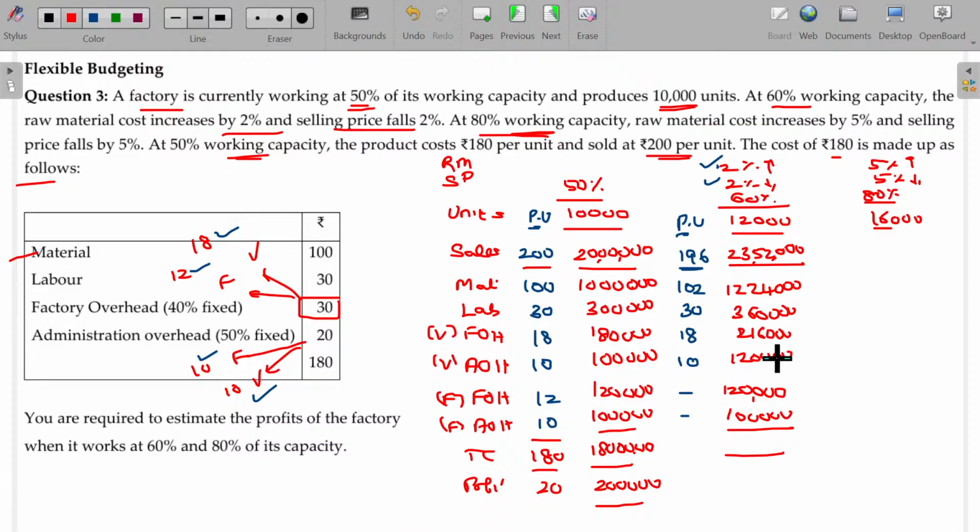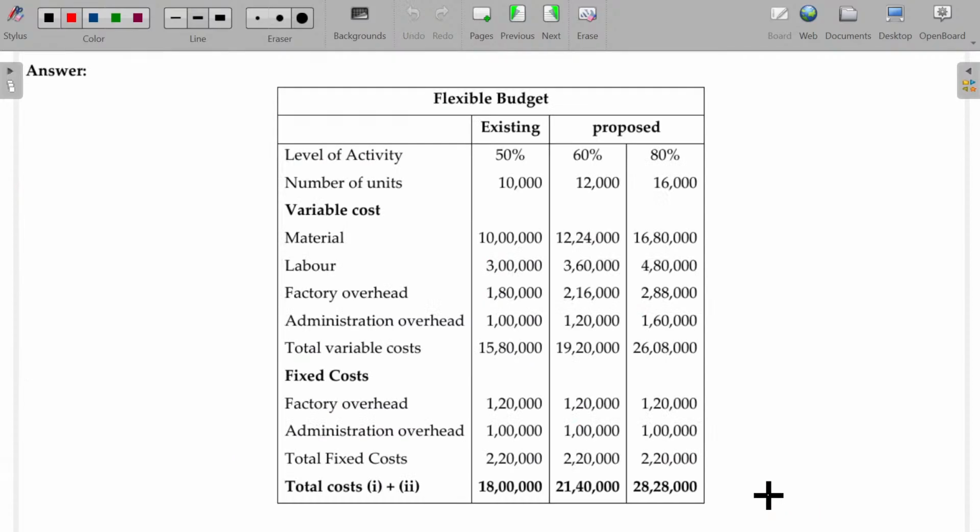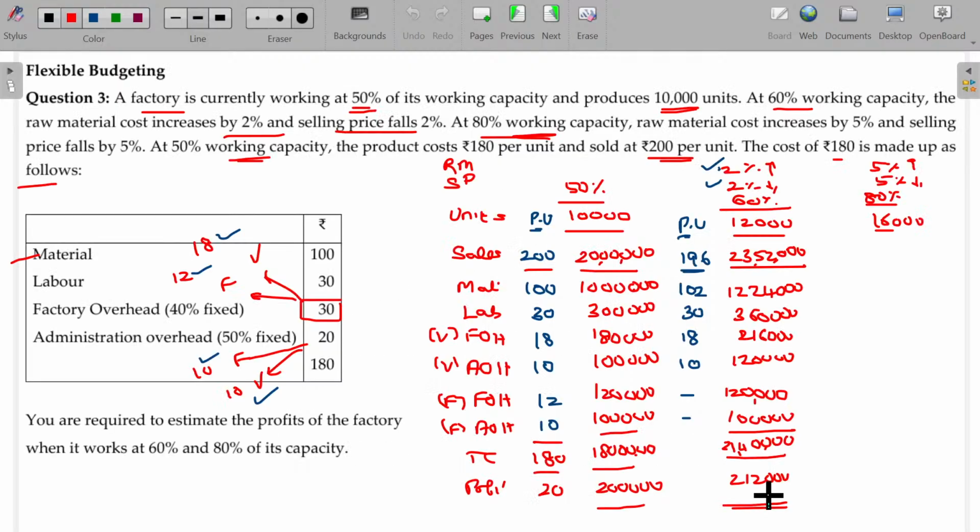Okay, that's all. Now the total value being 21 lakhs 40,000. If you subtract this value, the ultimate value being 2 lakhs 12,000. Clear?